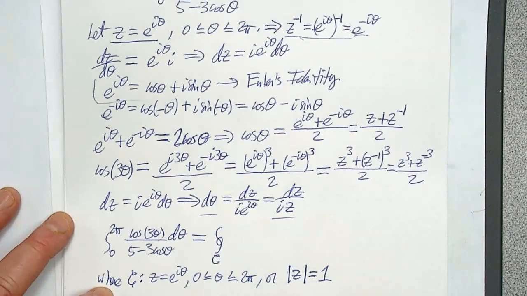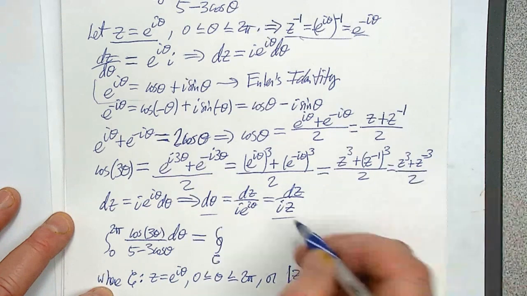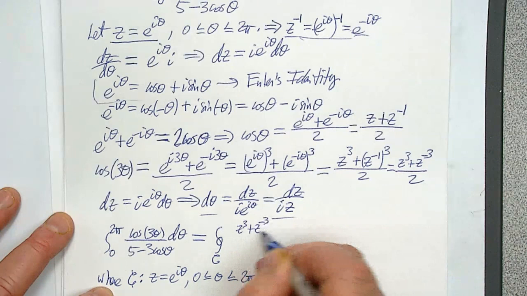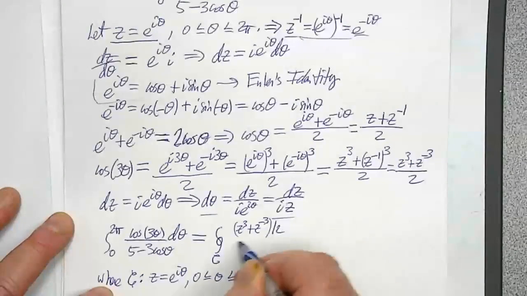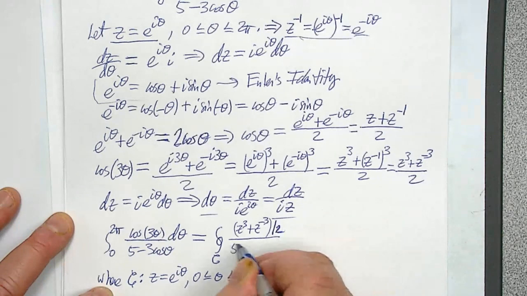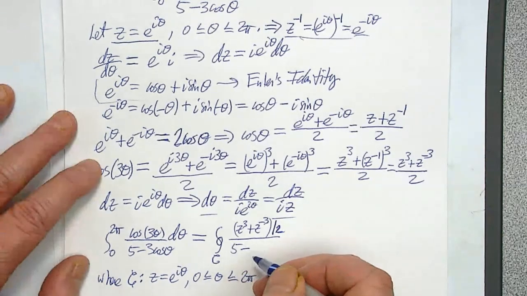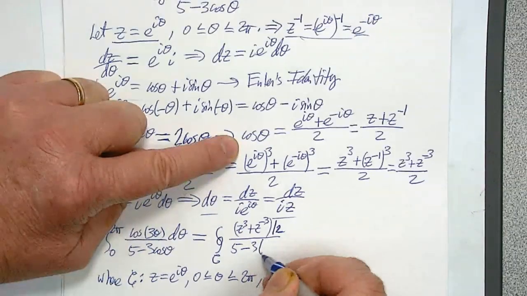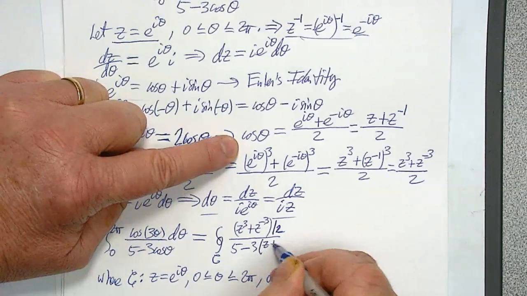Okay, so cosine 3 theta now is this here: z to the third plus z to the minus third over 2. And then we have 5 minus the cosine theta, so we can write it in this way.